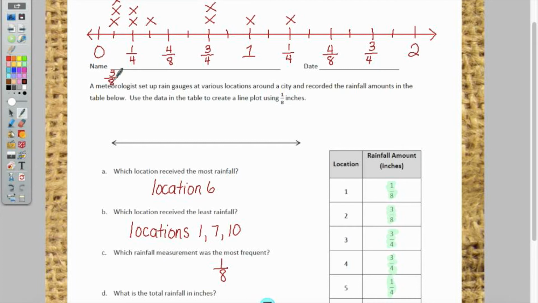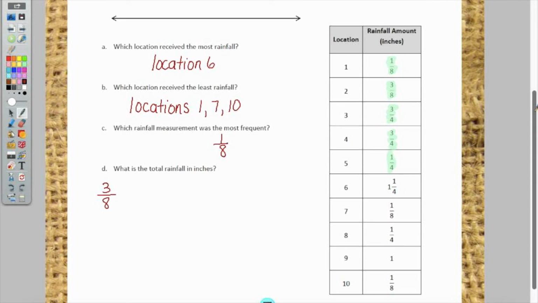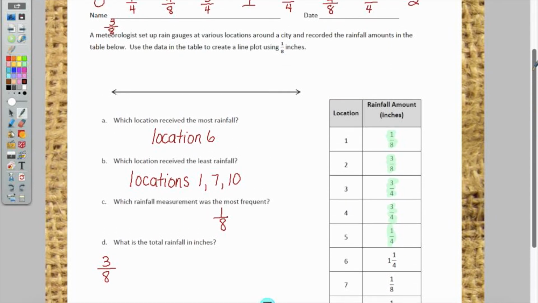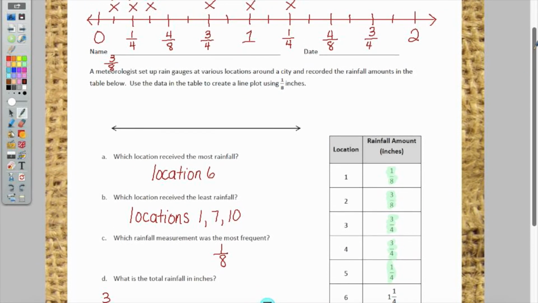Okay? And then should we write them right here? What if we wrote them here? That makes more sense, doesn't it? We'll see if I can get all that on my screen. And then I've got 2 copies of 1/4. What's that? 1/2. Oh, but let's change it to 8s.